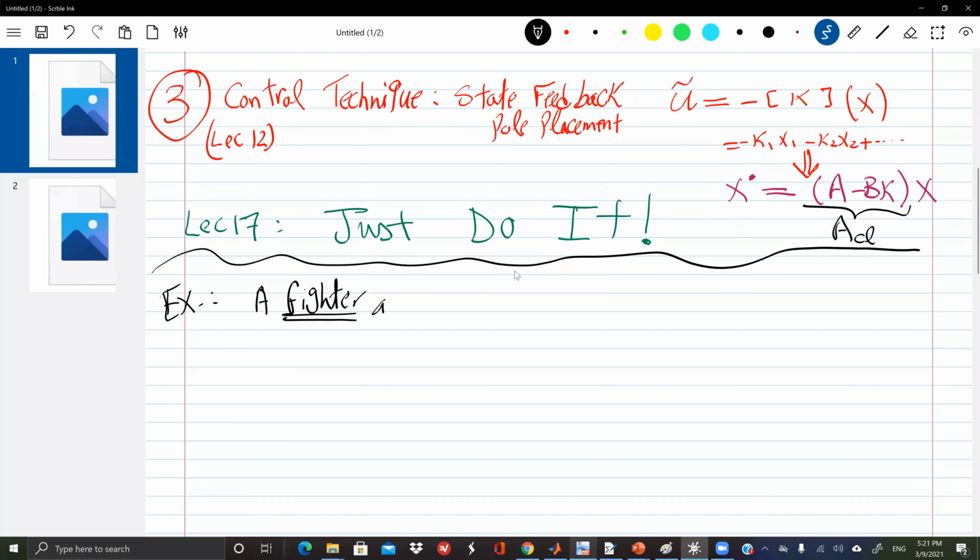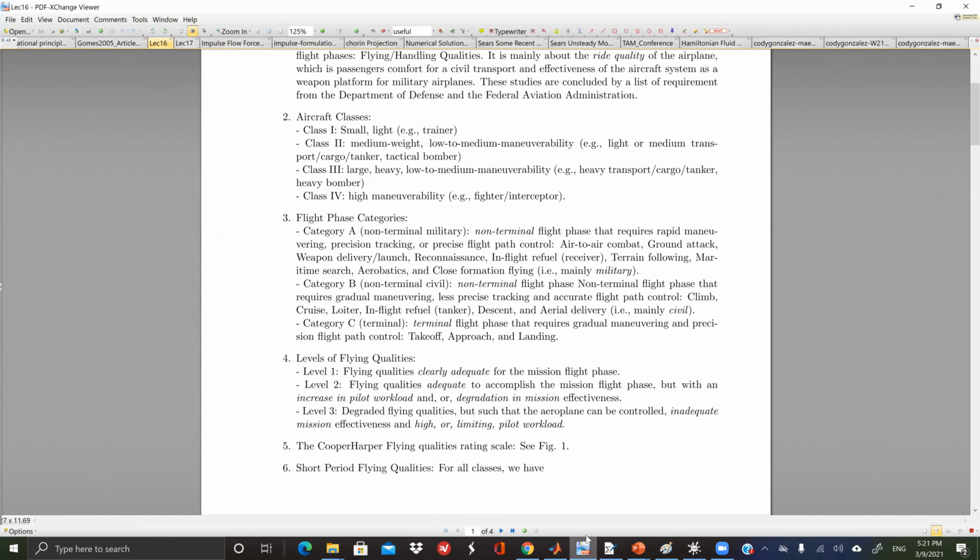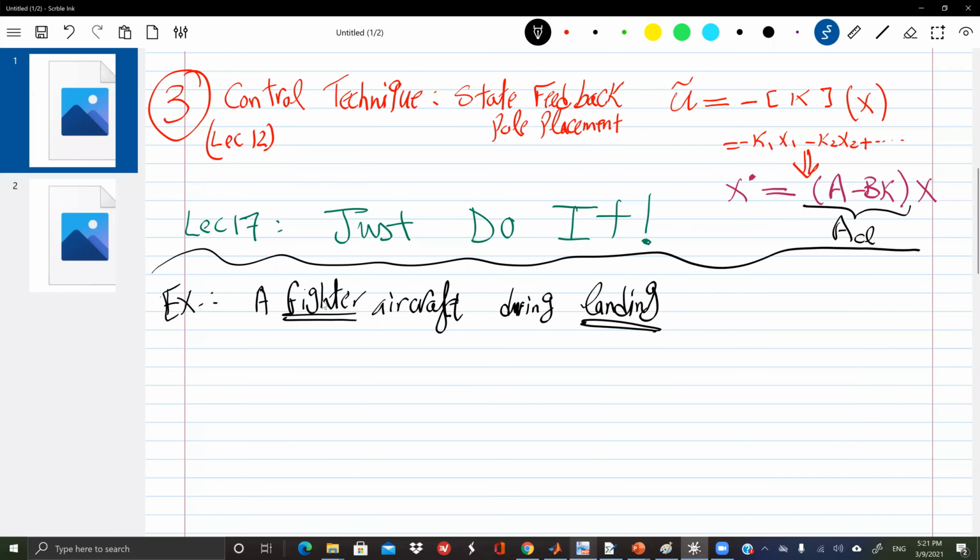A fighter aircraft has the following characteristics during landing. Again, I cannot let this pass, because landing means something for the flight phase. It's not only the class, the type of the airplane, but also what it's doing. It's a fighter airplane, so it's class 4.